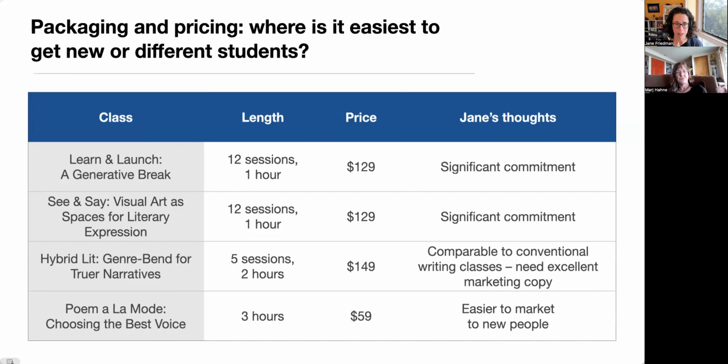That said, if you're trying to get new and different students, I think it's by far easier to do it with that one-time class at a fairly accessible price point where people can see if they like you, your style, your wisdom, etc.